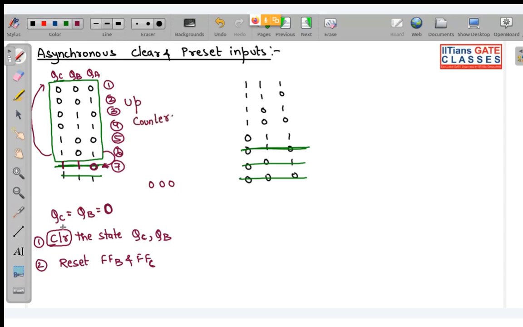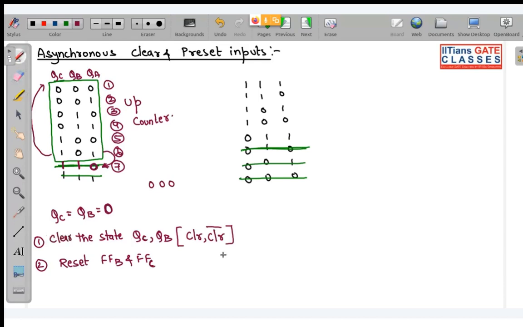Similarly, you can use clear bar also. So I should have written over here, clear the state of QC, QB. And how can we achieve that? We can achieve that with your input clear or clear bar. With the help of these two inputs, we can achieve this. So over here, I should have written clear.